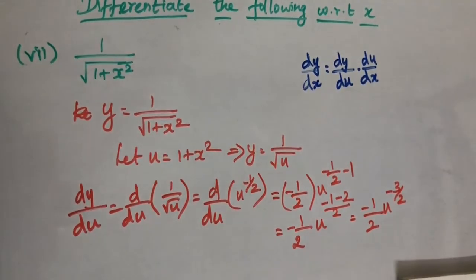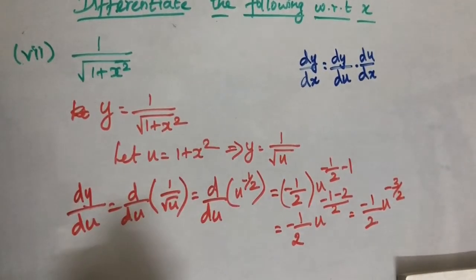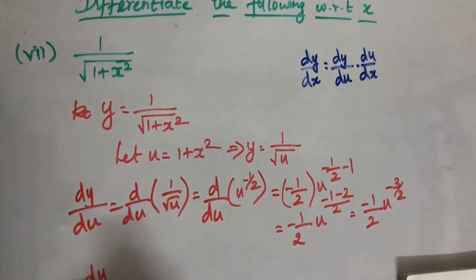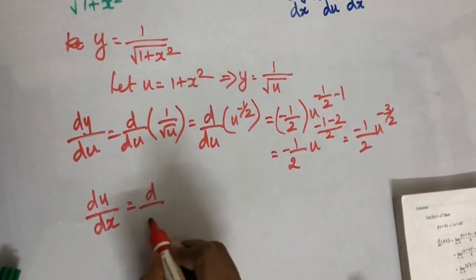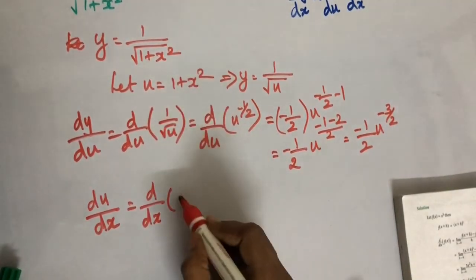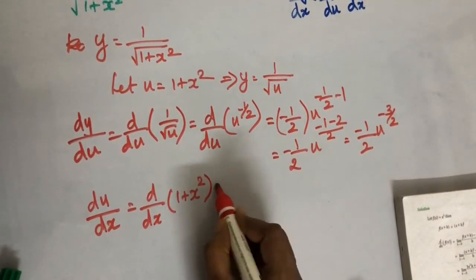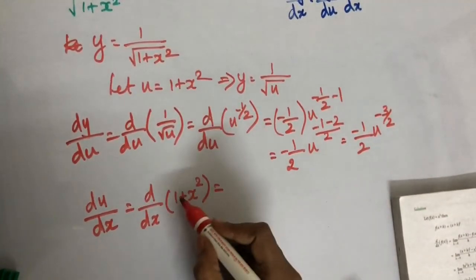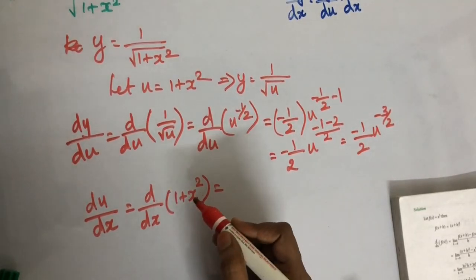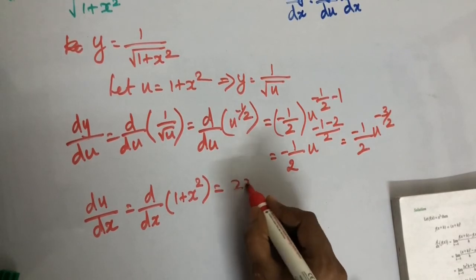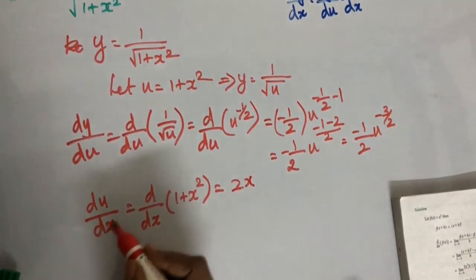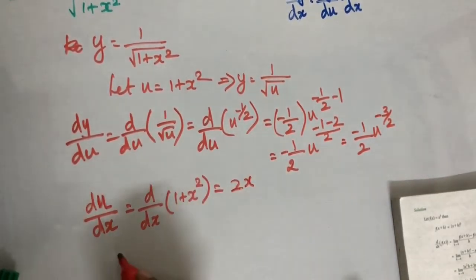Okay. Now, we have to find du by dx. So, d by dx of, what is our u? 1 plus x square. That is equal to, while differentiating 1, it will become 0. While differentiating x square, it will become 2x. So, du by dx is 2x.